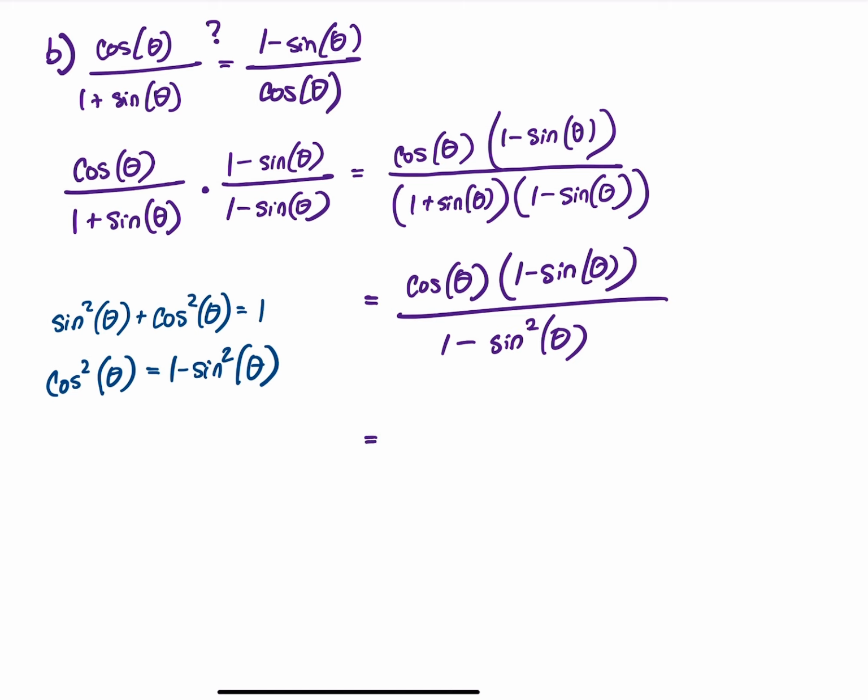So in my numerator, I still have the cosine of theta times 1 minus sine of theta. And in the denominator, instead of 1 minus sine squared, we can replace that with the cosine squared.